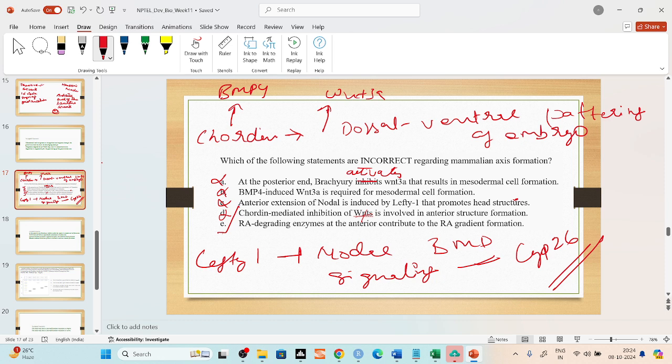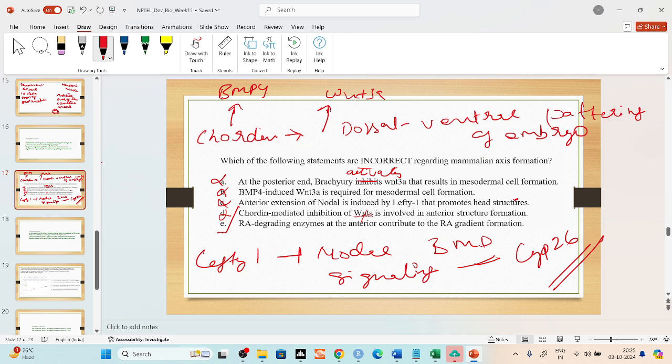In this case, anterior extension of nodal is induced by lefty one that produces head structure. So lefty one does not induce nodal, it actually inhibits the nodal signaling. Then chordin mediated inhibition of Wnt is involved in anterior structure formation. So chordin is basically a protein which is involved in dorsal ventral patterning of the embryo.